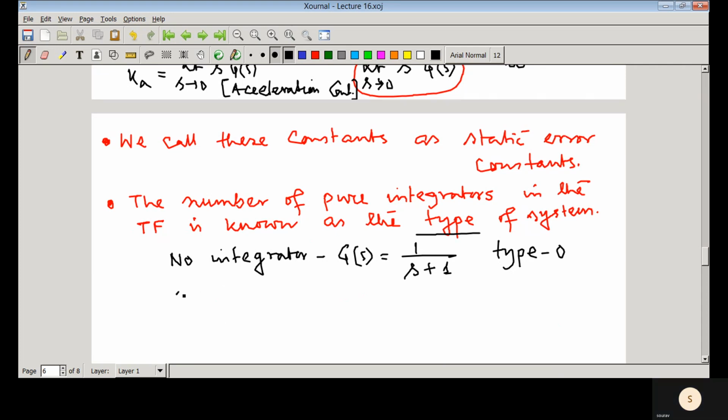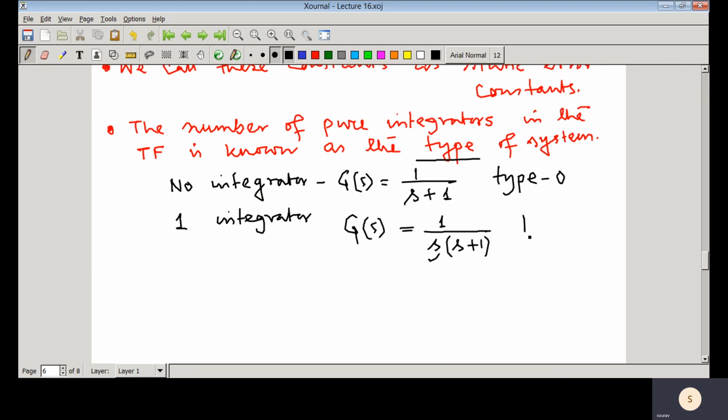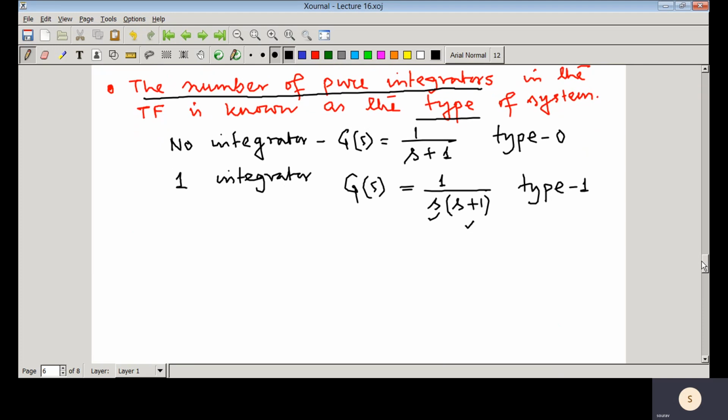Now suppose one integrator: you have a transfer function 1 by s into (s plus 1). You can see that there is one integrator, that is 1 by s. So this system is called type 1, because one integrator is there and one pole is at the origin.